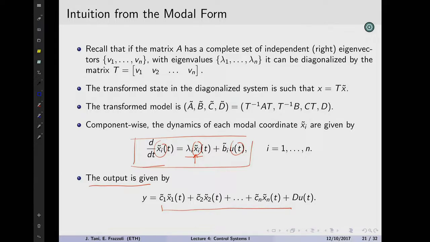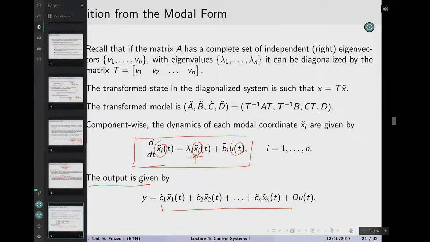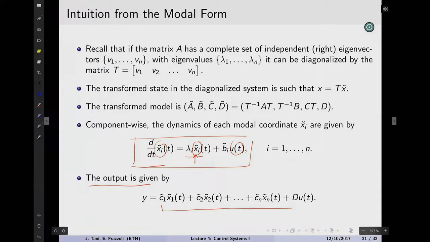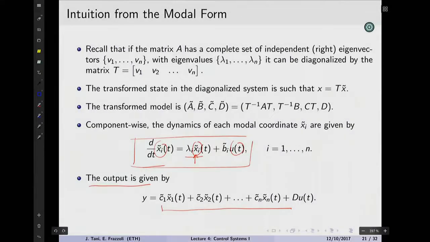So let's see if we can keep this here while I show you. So we said, when is a system controllable? A system is controllable when there always is an input that can drive any state to whatever state I want. So intuitively, look at the modal coordinates.